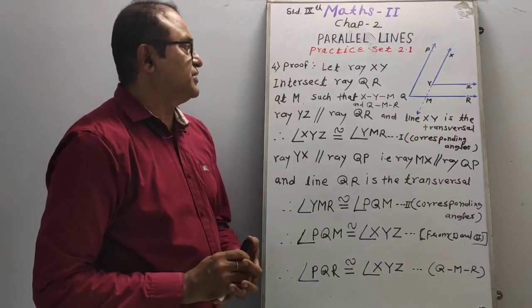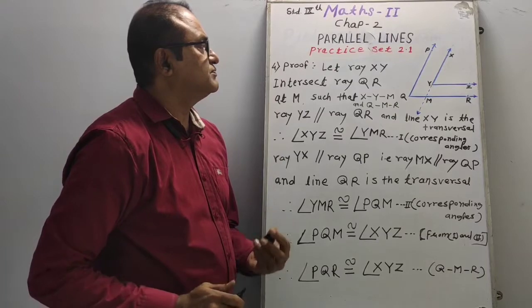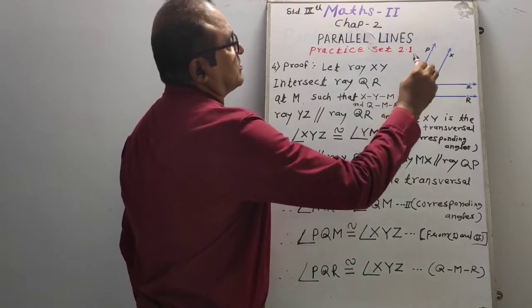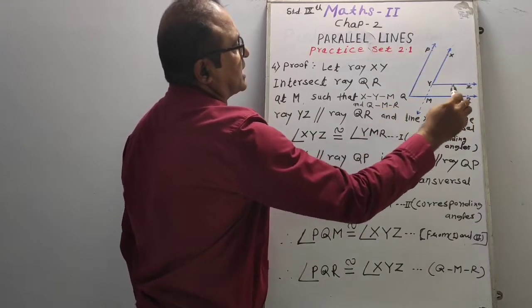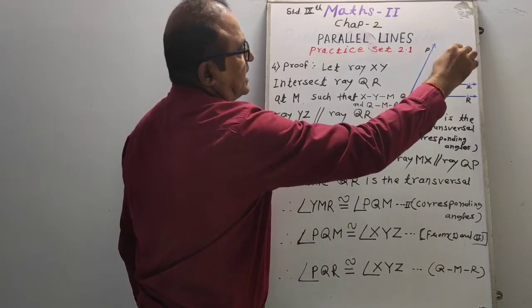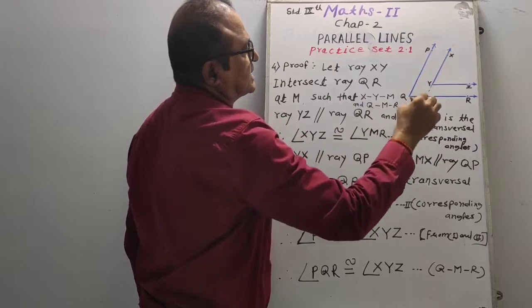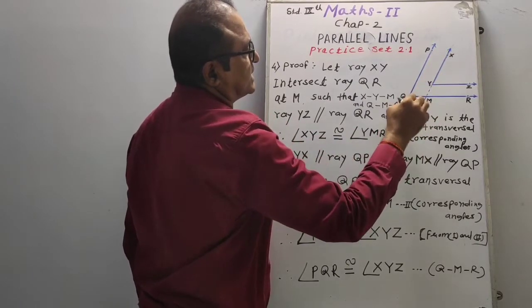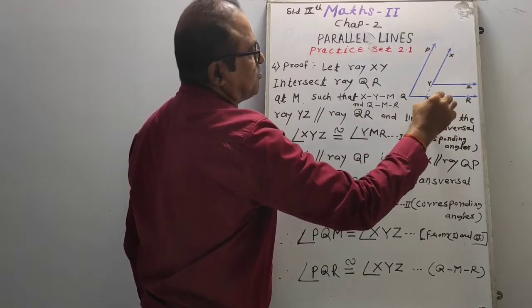First, we have to draw the figure in the given example. First, draw angle PQR and angle XYZ, and ray XY intersects ray QR at point M.